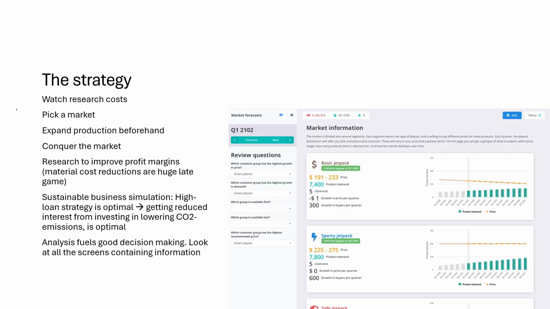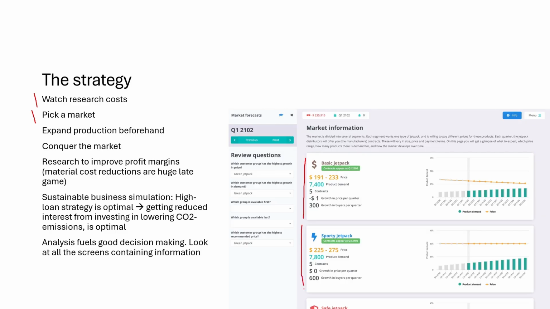Now, the strategy that I recommend. First of all, as I've explained earlier, watching the research costs of your opponents is really important, especially in the first quarters of the game. Second of all is to pick a market. Let's say that of course you all start with the basic jetpacks in the Hubro business simulation.